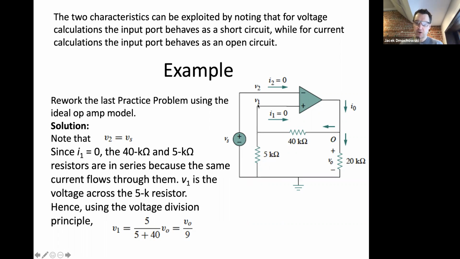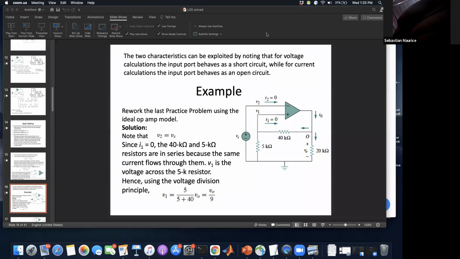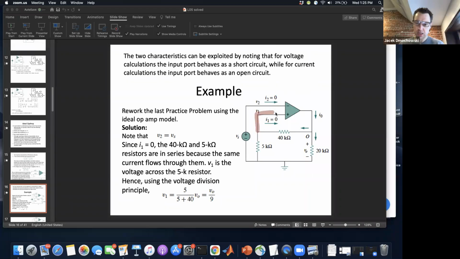Note that we can ignore this branch. So I'm going to start annotating this. I don't want to lose too many of you. So we can ignore this branch of the circuit because it has 0 current.